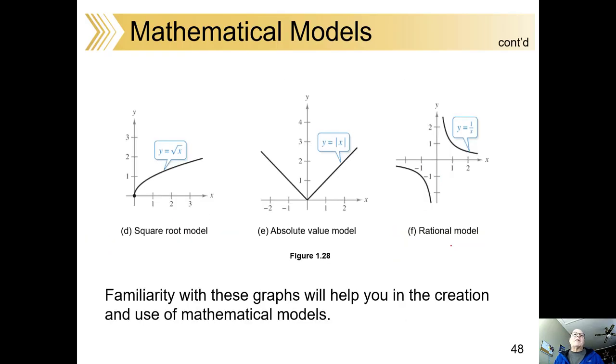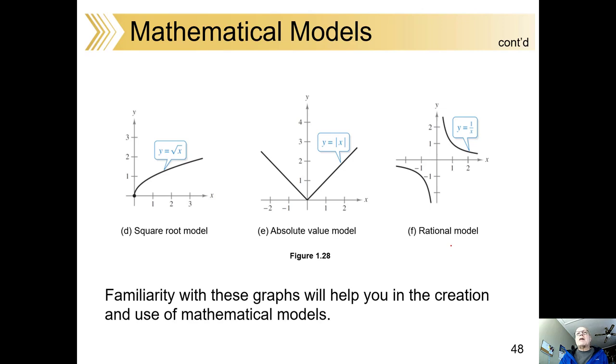A third possibility is a square root model. Well, a couple of things you might notice about this. This square root model looks a little bit like a parabola. It looks like a parabola that you put on its side and erased half of it. That's what the square root model looks like.